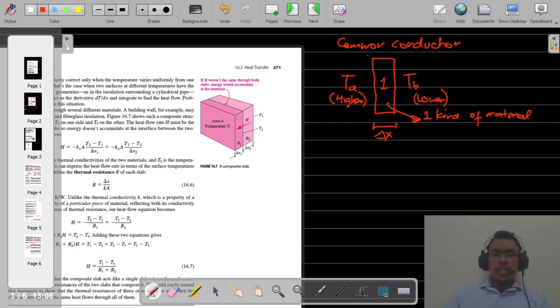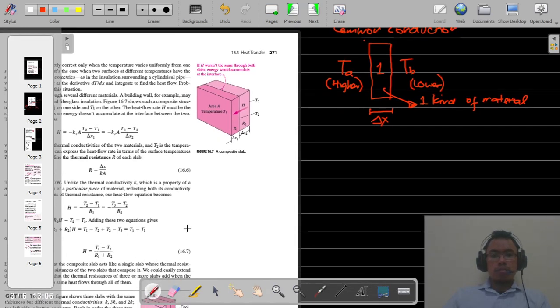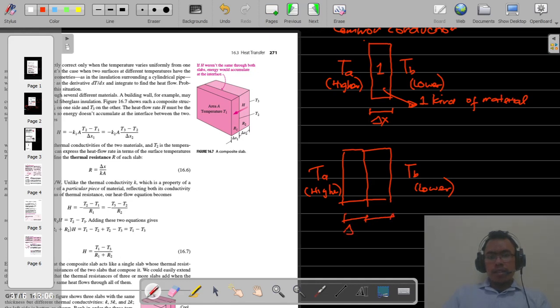Okay, now what if we have a composite wall? A composite wall consists of more than one kind of material. So let's say we have material number 1 and then material number 2. This is the higher point of the temperature, and this is for the lower. This is the delta x1, and this is the delta x2.